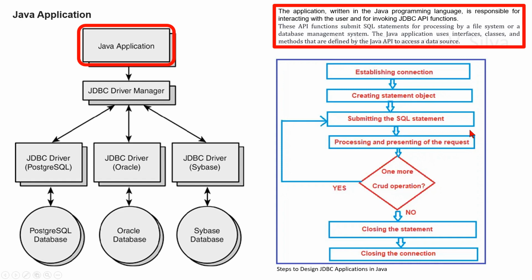This method is used to submit DML, insert, update or delete SQL statements. 2, executeQuery(String DRL). The executeQuery method of the Statement interface is used to execute queries to the database. This method returns the object of ResultSet that can be used to get all records of a table. This method is used to submit the select statement.